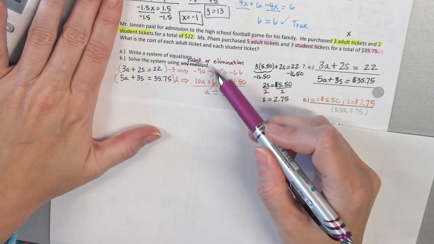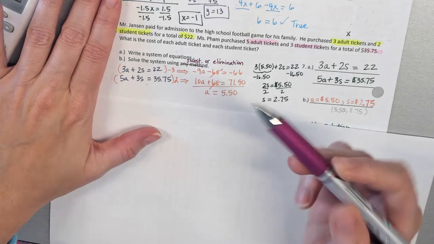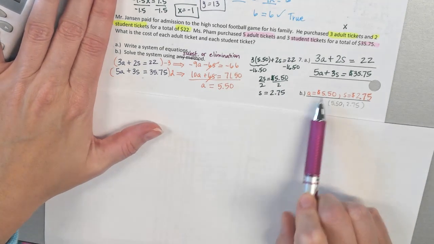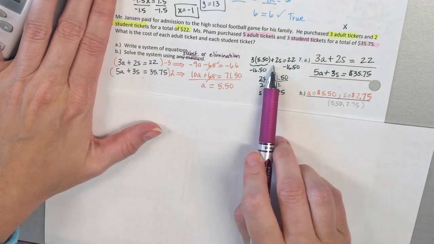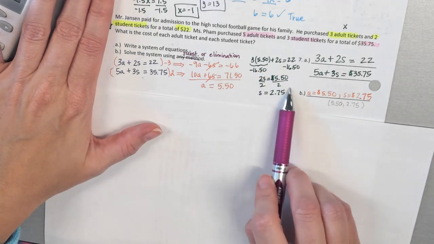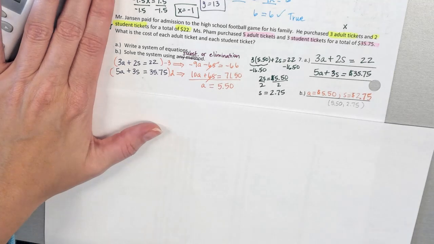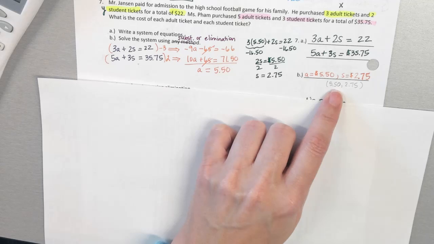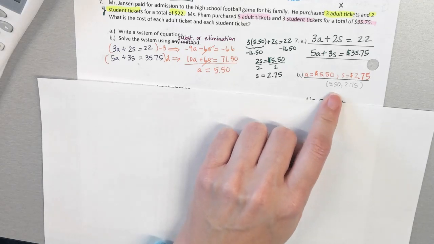And then once you combine those, you have 1A equals 5.5 or 5.50. So A is 5.50. You can plug that back into either equation to find S, which is 2.75. Okay, and then did some of you write this as a point here? Okay, because if you wrote it as a point, that would be okay.